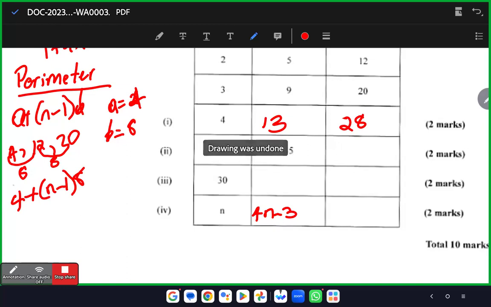Here we expand and simplify. This is 4 plus 8n minus 8 times 1, which is 8. In our final answer, we have 8n, and seeing that we have 4 and negative 8, we have minus 4. So our general formula for this is 8n minus 4.